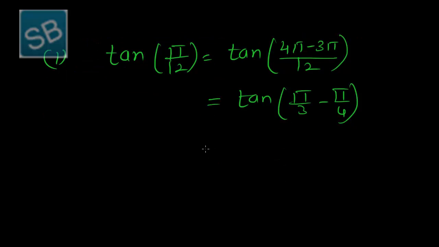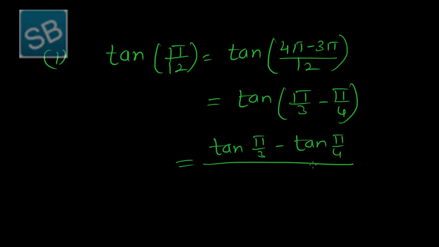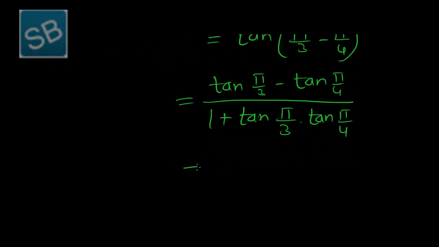So we get tan(A minus B), that is tan A minus tan B over 1 plus tan A into tan B. So we get under root 3 minus 1 over 1 plus 1 into under root 3, since tan pi by 3 is under root 3 and tan pi by 4 is 1. Now we will rationalize it.